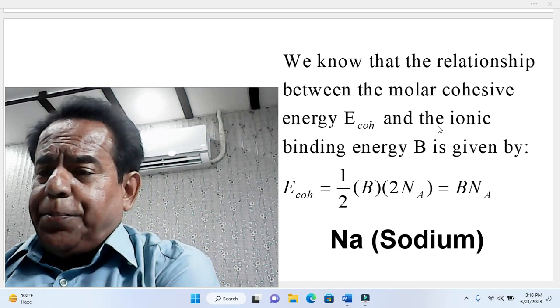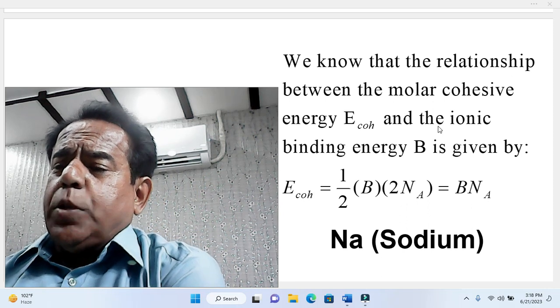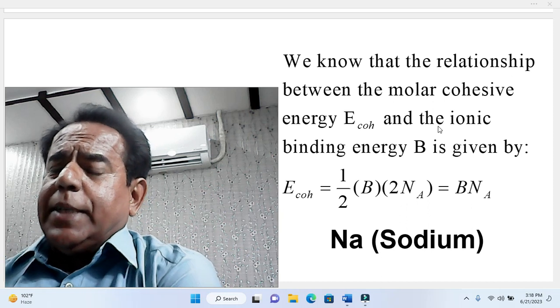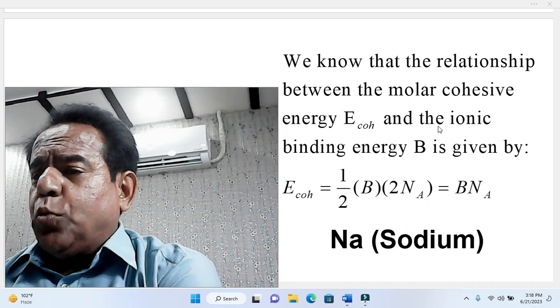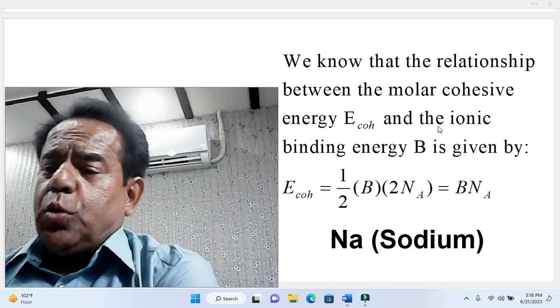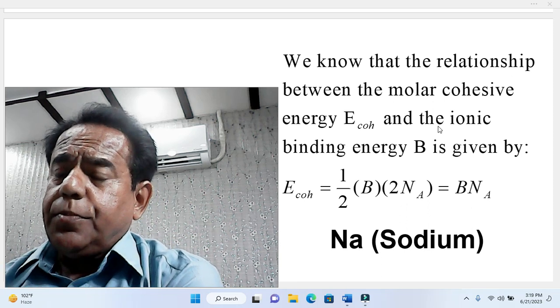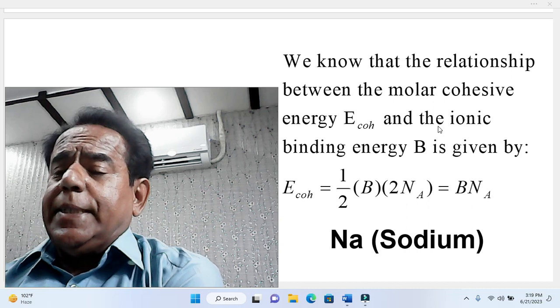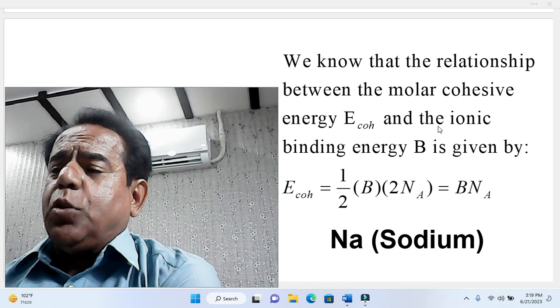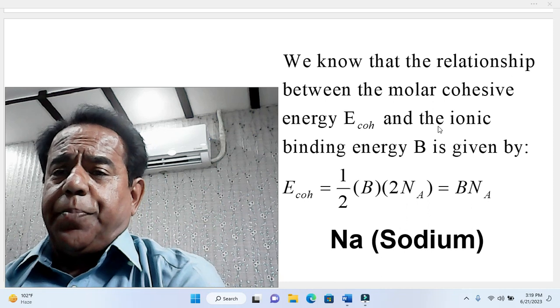Dear students, 2 cancels with 2 and hence the cohesive energy becomes equal to the binding energy into Avogadro's number. Quite simple.